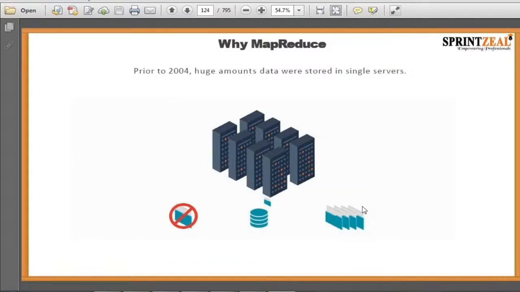The capacities are limited, right? You cannot have infinite capacity of servers. That was one of the limitations: if we had to process a huge amount of data, there was no way to span it across multiple nodes. High-end servers were the only option.